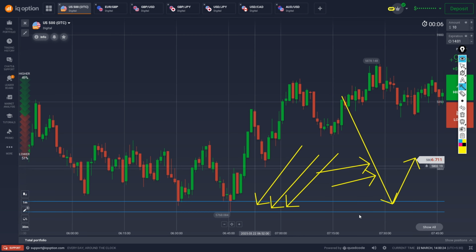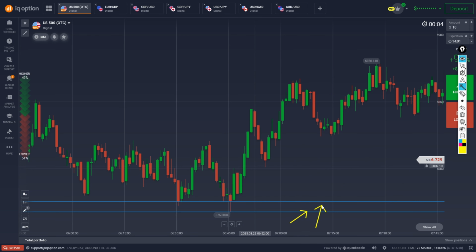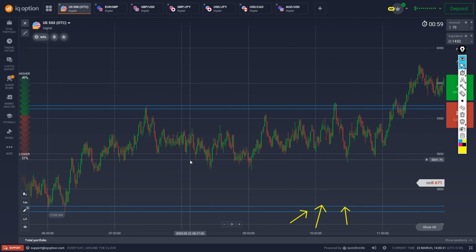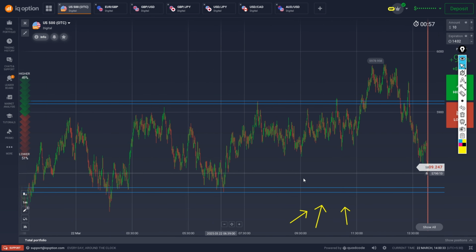So in this case, we are expecting 2000 buy orders hypothetically, and in the future you see, okay, the price doesn't move to this zone.